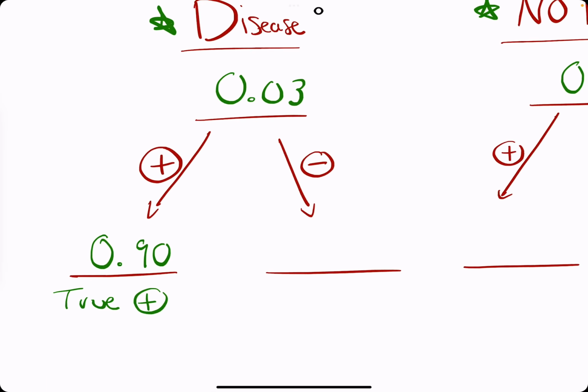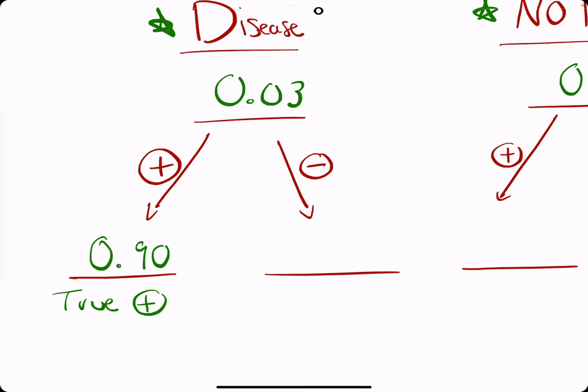Naturally, if you have the disease, it will not show that you have it 10% of the time, which is not good. That is a false negative.